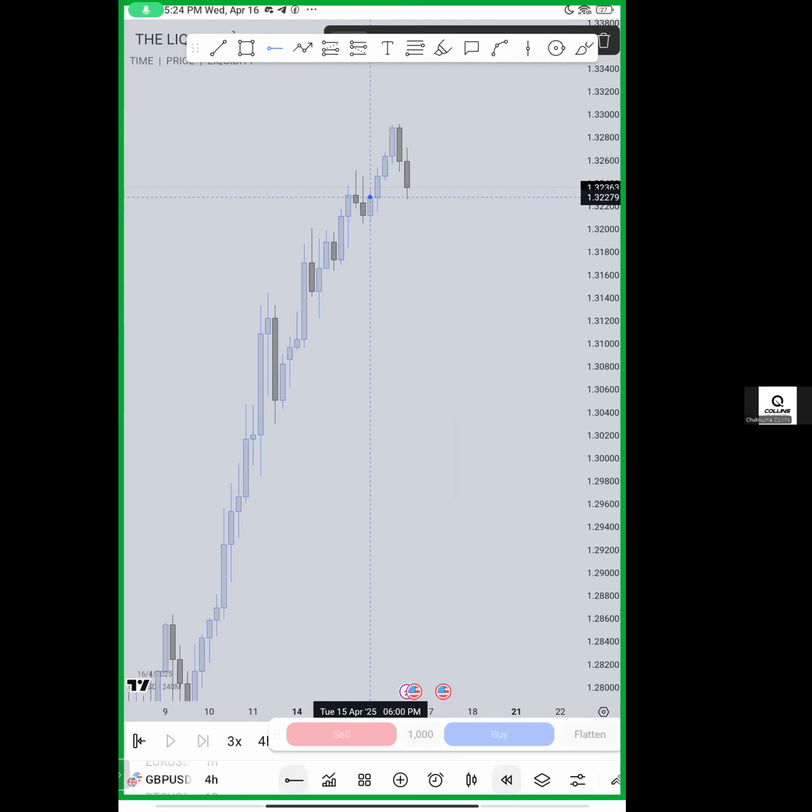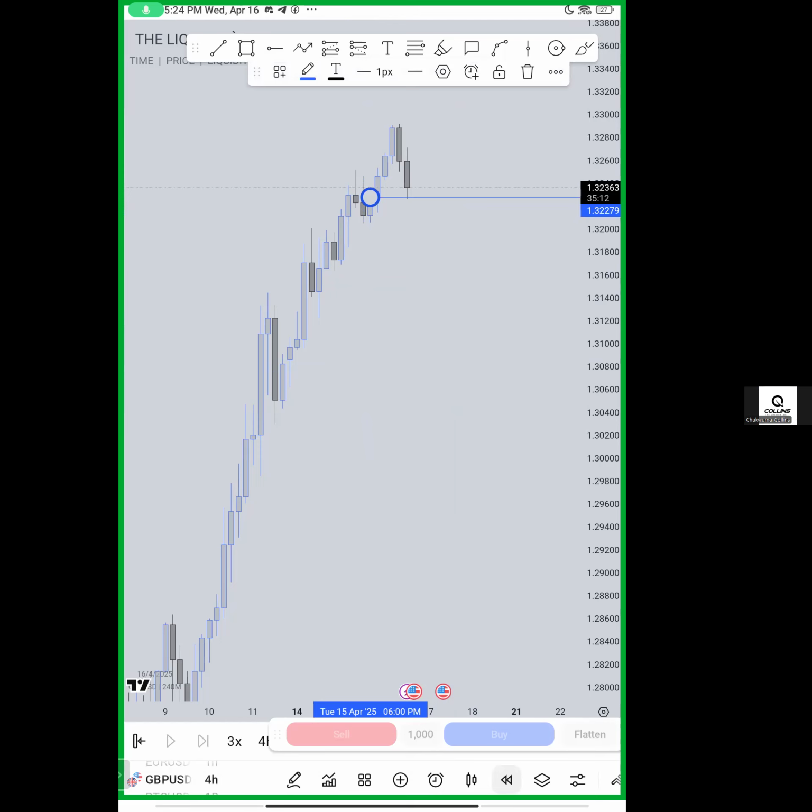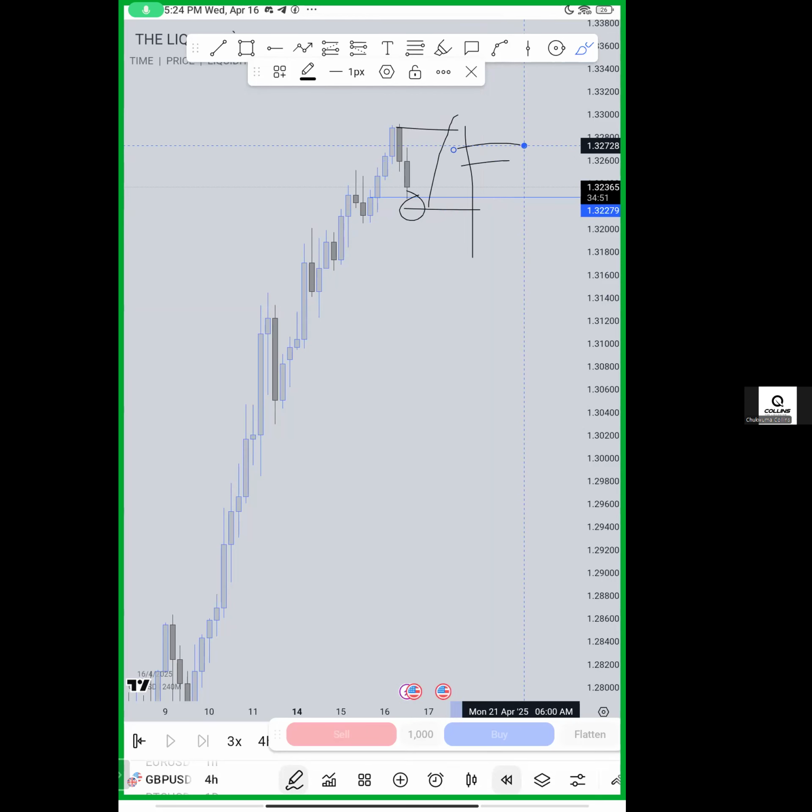If price forms a swing low, the 3 candle formation right here, and takes out this high, what is this? This is a stop hunt now, and a break of structure happens here again. Then we know that, yes, the price is showing a reversal pattern. So we could look for what? A sell position to start selling price. Do you understand?